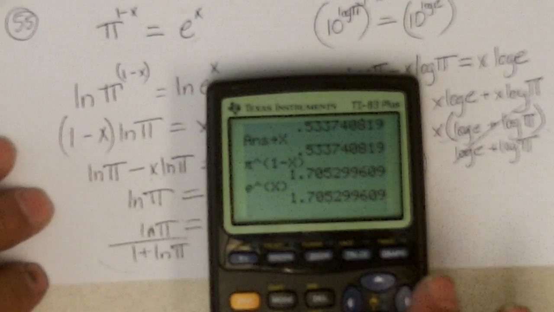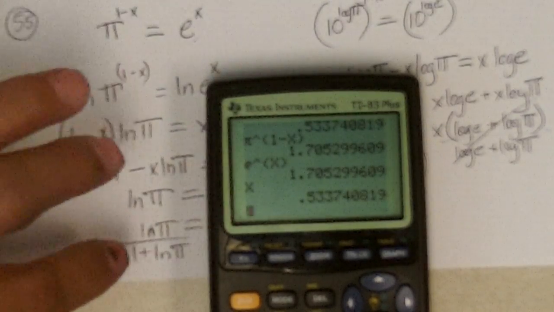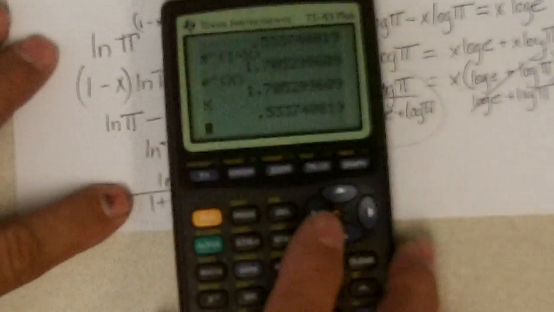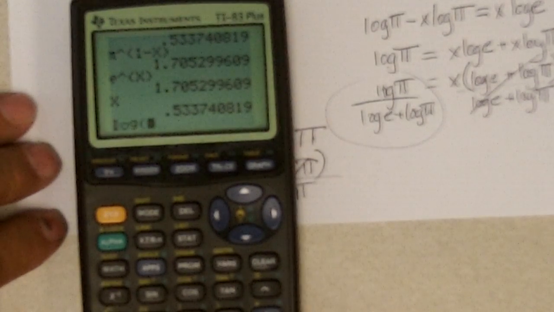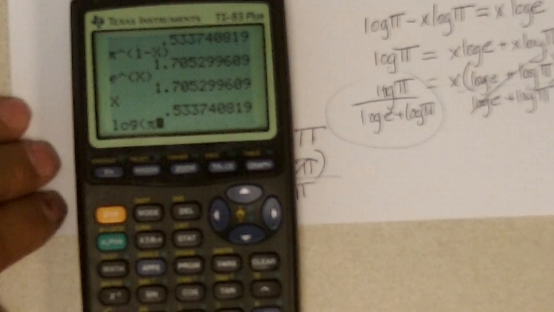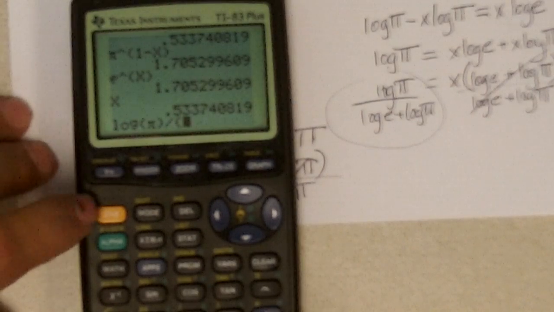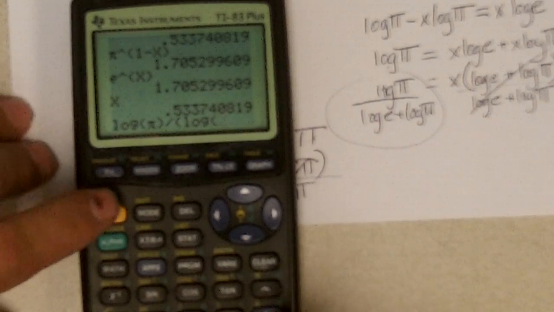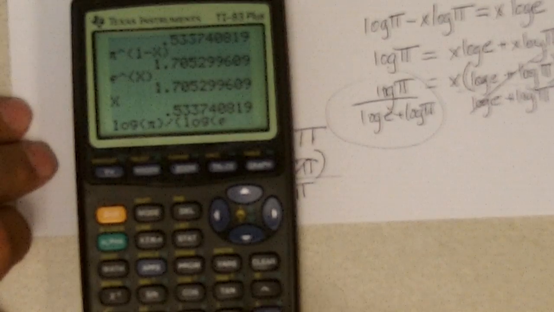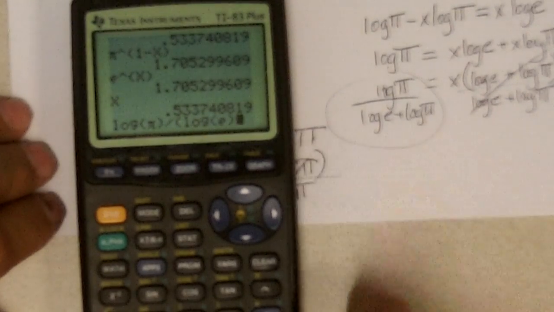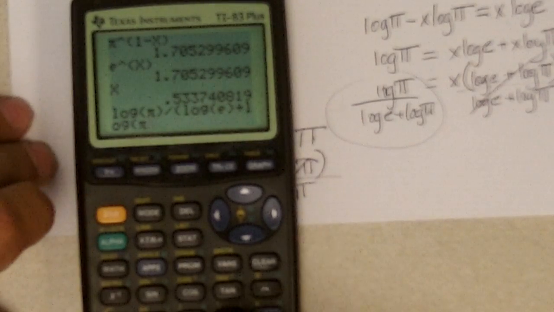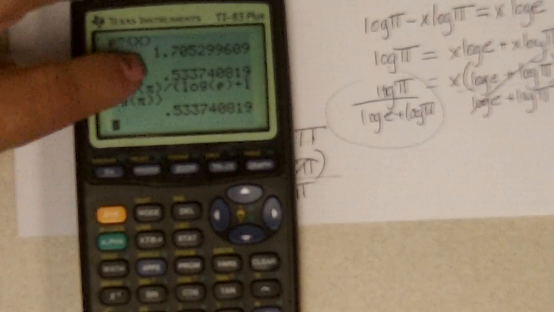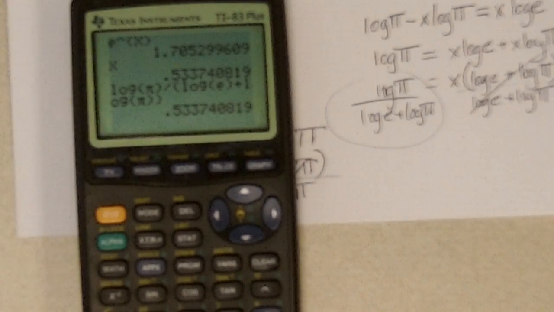Now the only thing I have to do is, this is what I got for this answer. Now I need to check that and see if this one is the same answer. So that's log pi divided by parenthesis log e plus log pi, and it's exactly the same number.